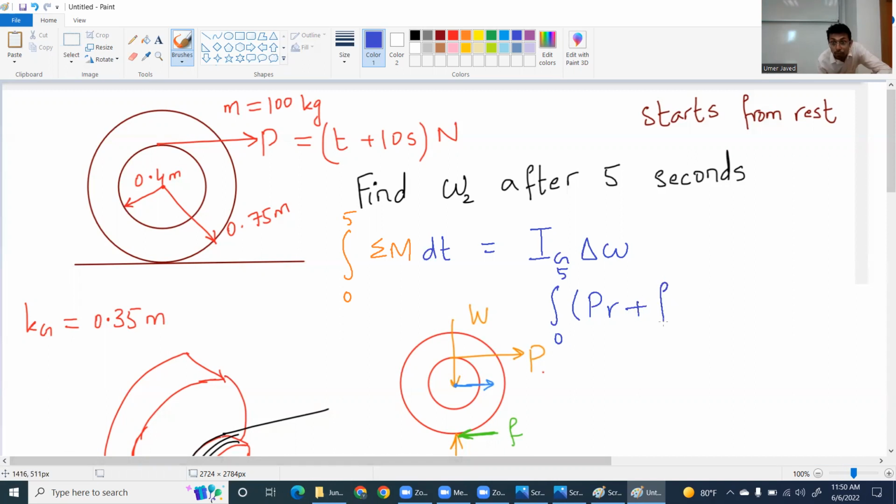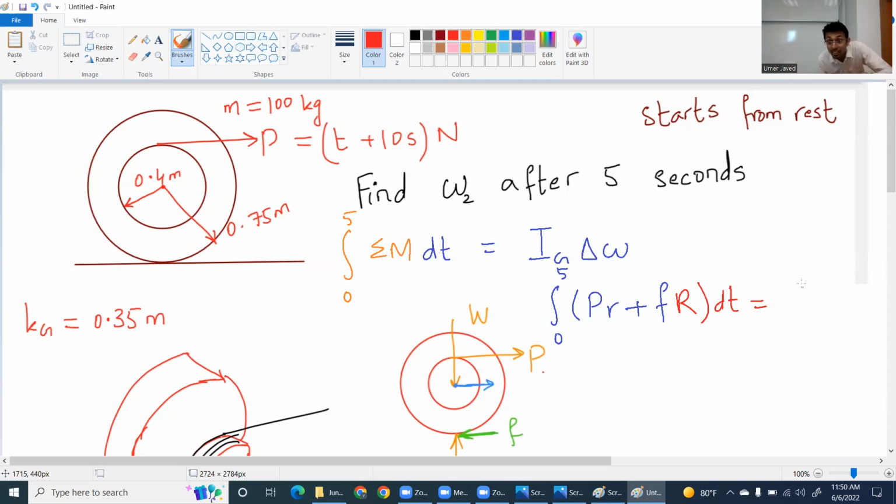But I can show you some manual or video that goes in detail how to determine the direction for different cases. Okay, what else? F multiplied by 0.7. You mean the capital R, right? Okay, and then bracket closed, dt, is equal to Ig delta omega. Ig, what is the value?